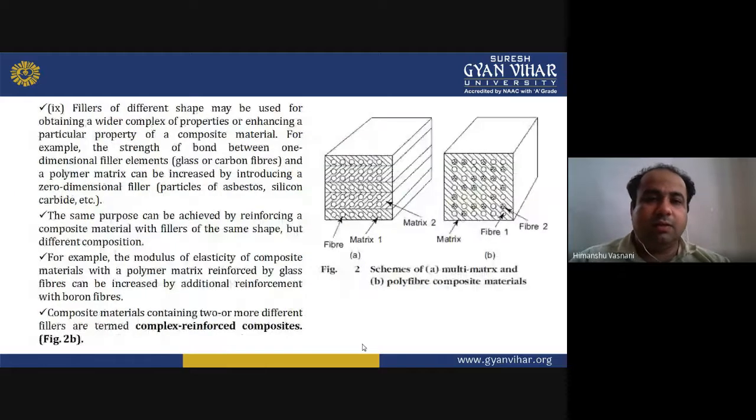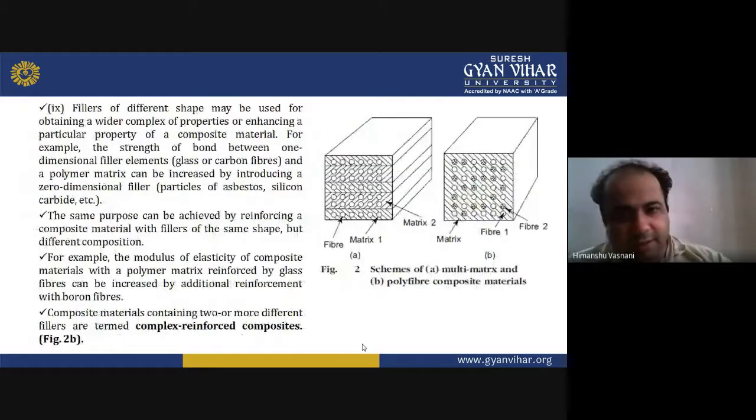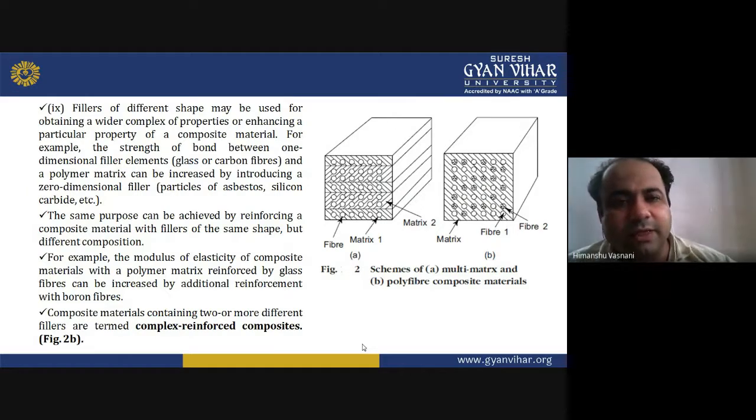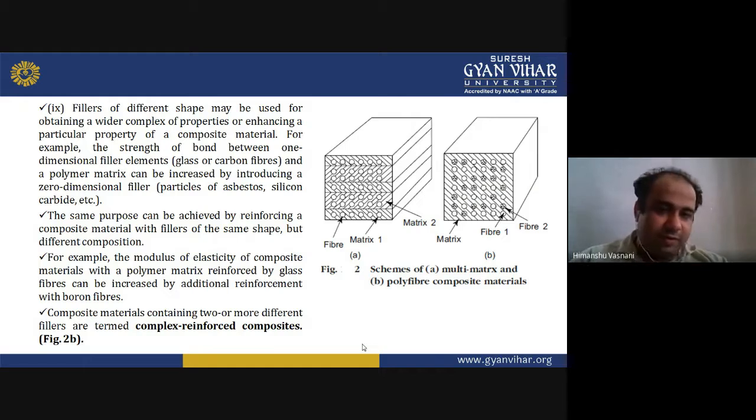Now, next slide. Fillers of different shape may be used for obtaining a wider complex of properties or enhancing a particular property of a composite material. You can use this filler to obtain certain properties, like for one dimensional strength, glass, or one dimensional filler elements.